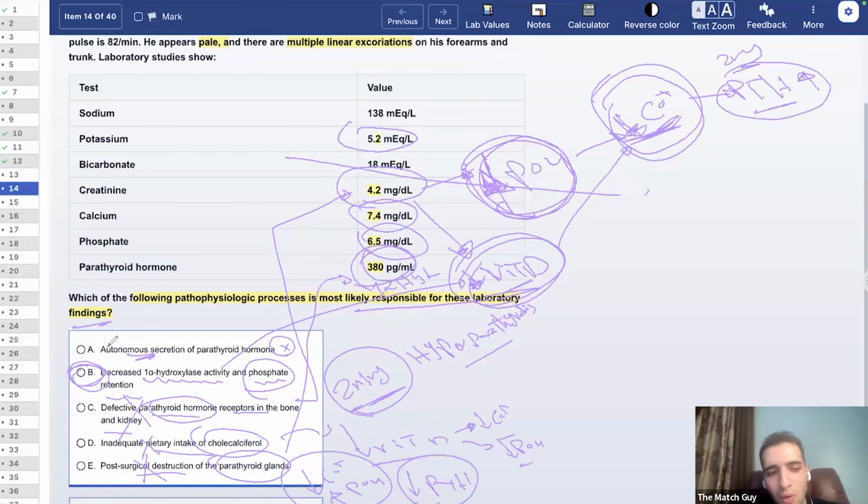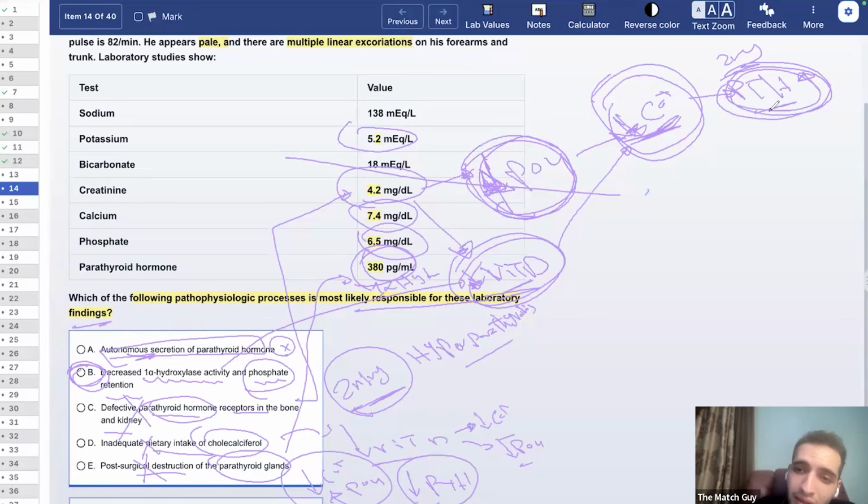Now let's go back. Why not A? Autonomous secretion, guys, is something called tertiary hyperparathyroidism. It happens after years and years of having chronic kidney disease and having this parathyroid hormone elevated too much.